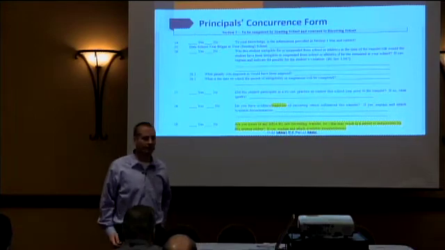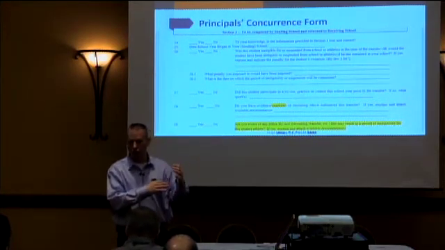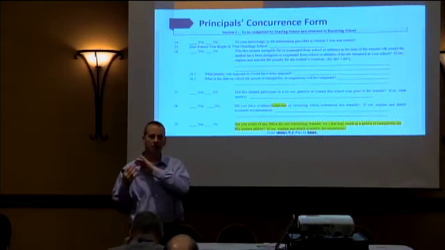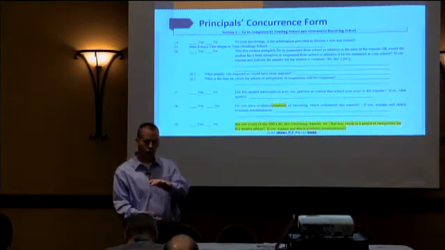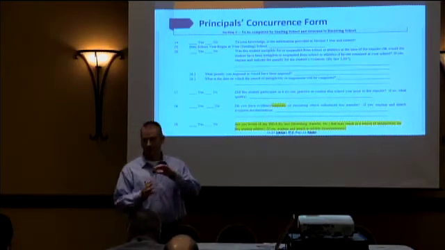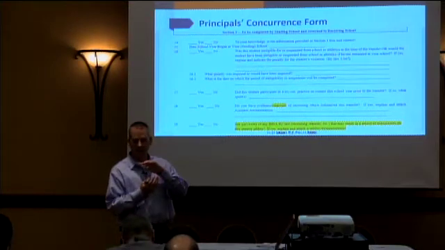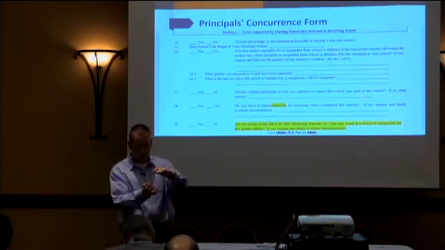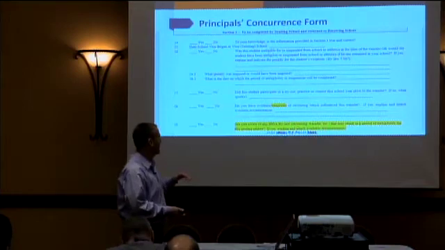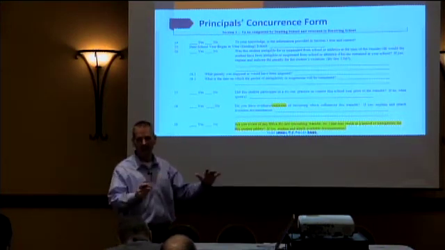Yeah, good question. All right, so new section 3 is old section 2 on the concurrence form. This is now for the sending school principal or official representative. As the sending school principal or AD, when you receive this document, you're getting section 1 and section 2 completed.